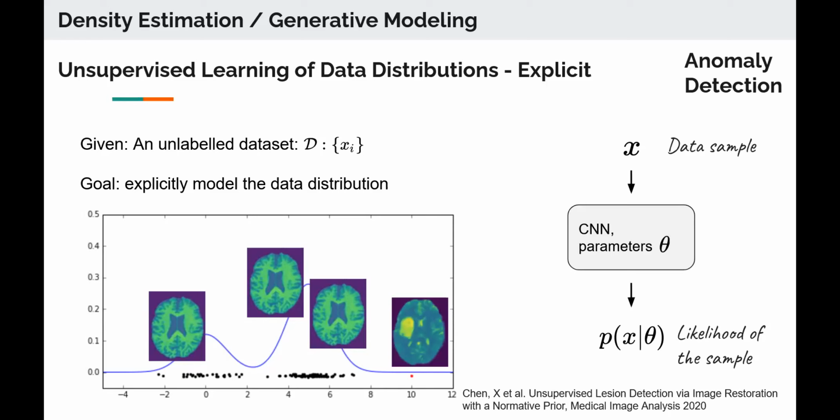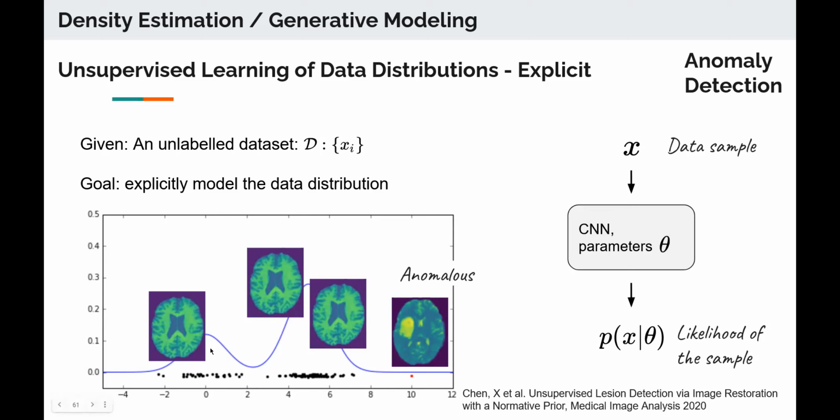Then given an image like this, which consists of some lesion, we could ask exactly the same question. We could evaluate this function at the test image. And if the output value is low, then we say that this image probably is different from the images that I saw during training.